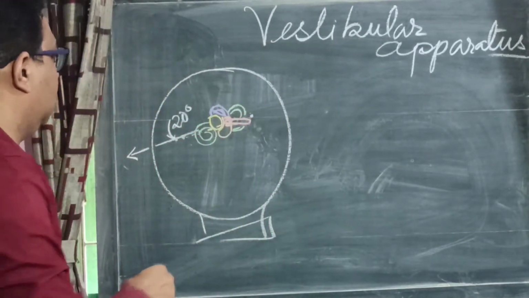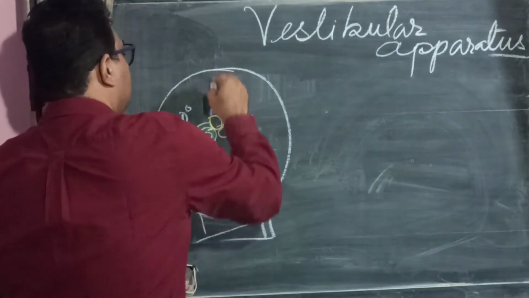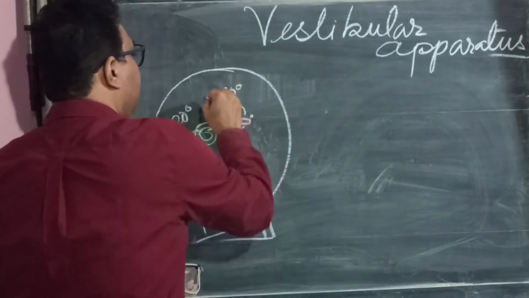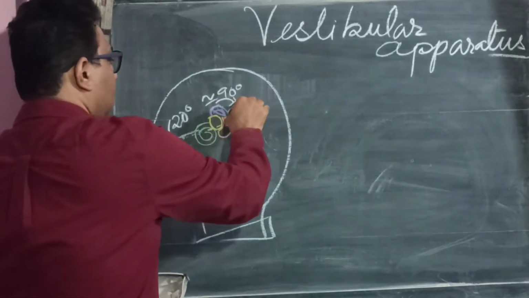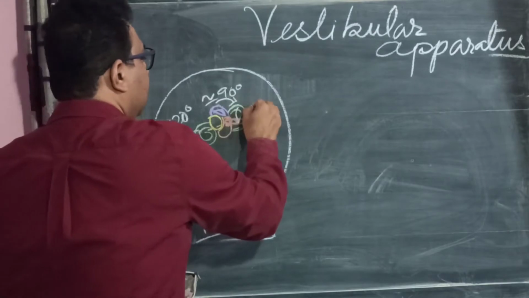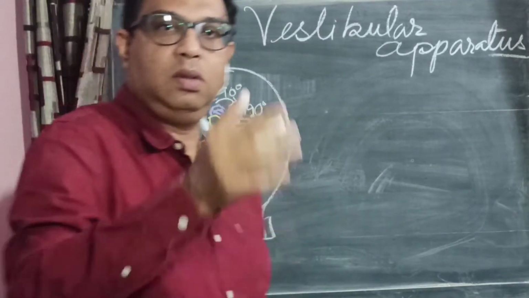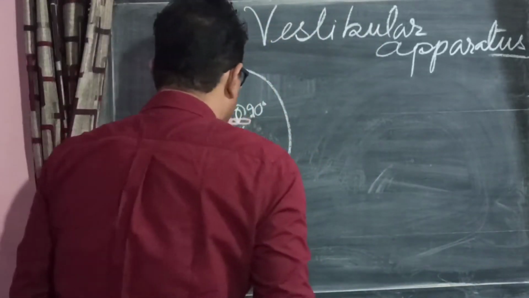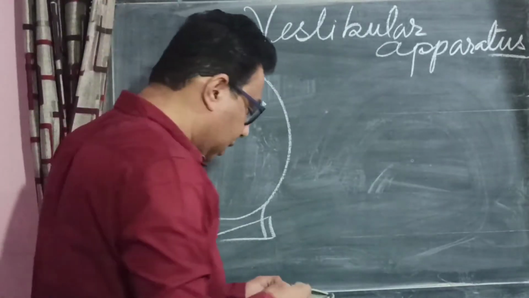Please note that the planes of the anterior canal and the posterior canal are approximately 90 degrees from each other. Also, the horizontal canal is roughly 90 degrees from the two vertical canals, one being the anterior, the other being the posterior canal. So this is from the lateral aspect of the body.